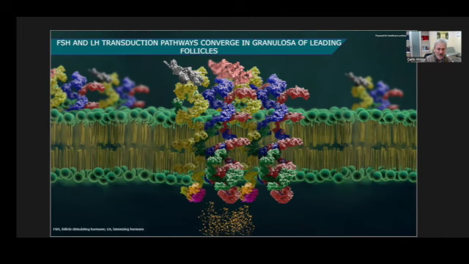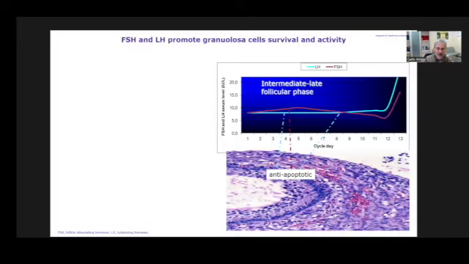So coming back to the model, we can say that during the early stage of follicular growth, after ovulation, after menstruation or during menstruation, LH works in theca cells for producing androgens, and FSH works in granulosa cells for converting androgens into estradiol via aromatase.